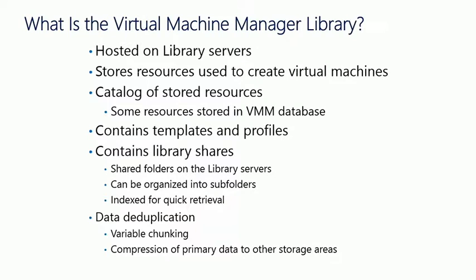It also supports data deduplication, which is one of the best uses of Windows Server 2012 and 2012 R2 file server deduplication. If you have a lot of images that are structured the same way, let's say you have 20 VHDs that are all different versions of Windows Server, using data deduplication can save you a ton of space on that library server by maintaining a single instance of that.